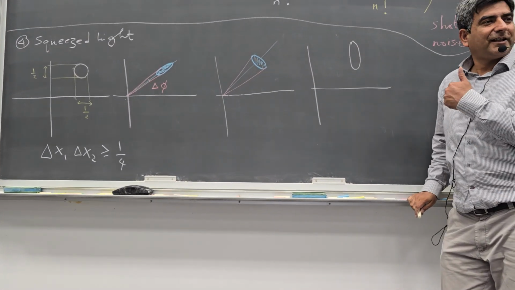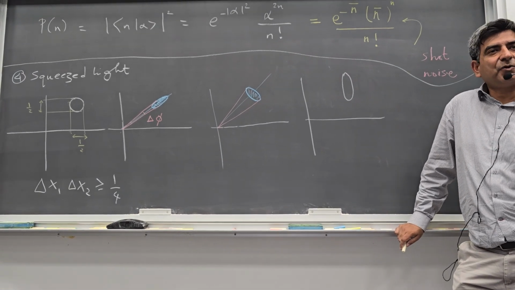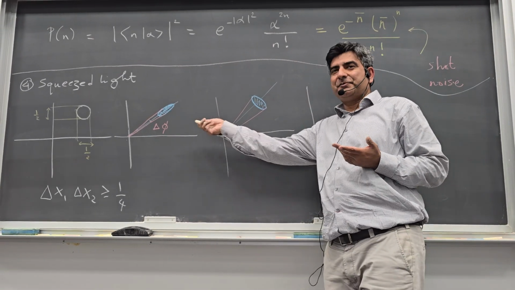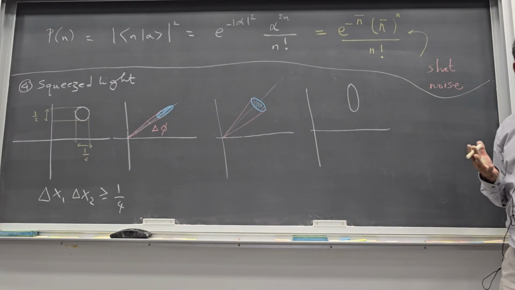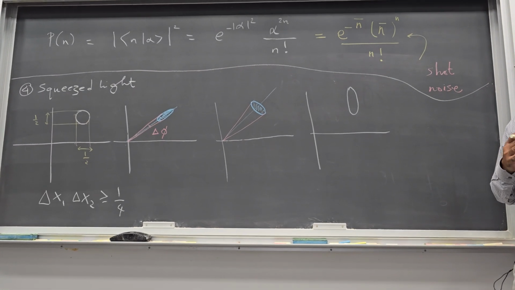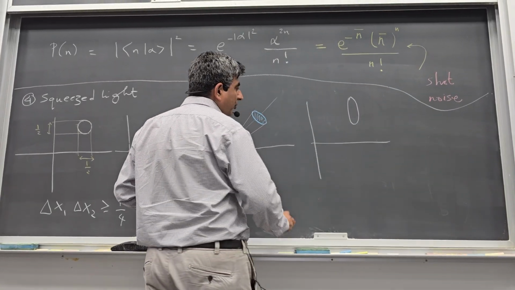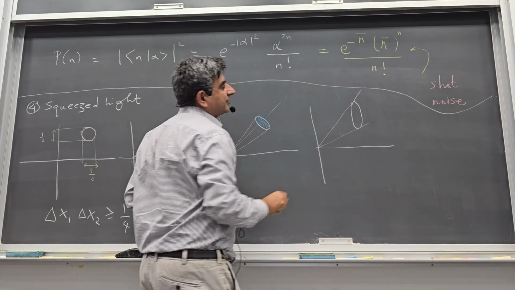This is an example of quadrature squeezed light. X1 squeezed light. It's neither amplitude squeezed, nor phase squeezed. It's in fact a kind of combination. And in this case, it becomes hard to define the concept of delta phi in a neat fashion. So what one could do is use this as a measure of the uncertainty in phase.